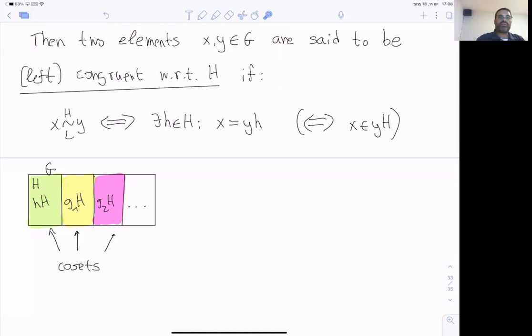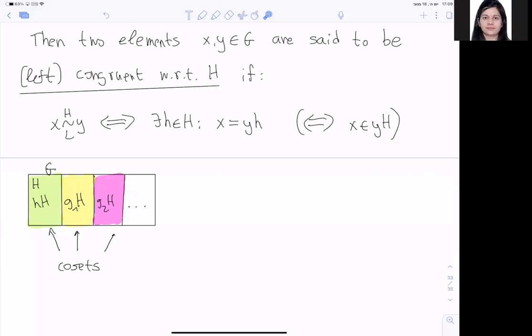So let me ask you, can these also be subgroups? Can these be also subgroups of G?